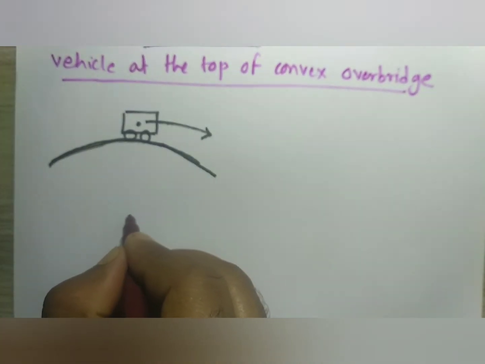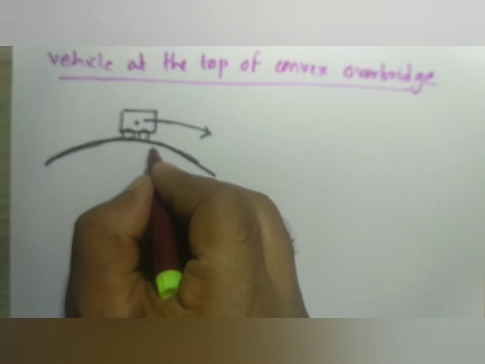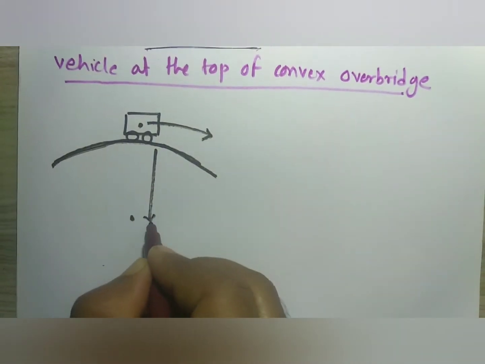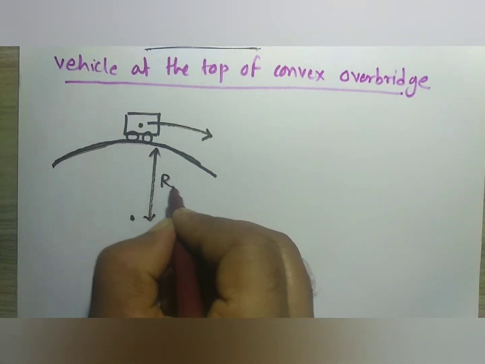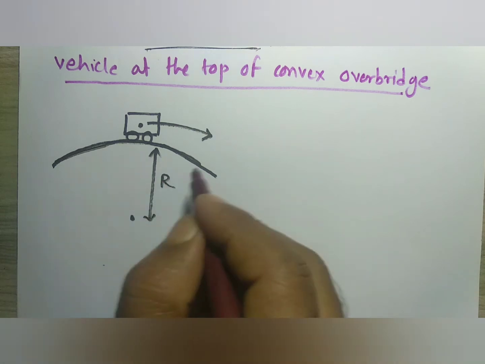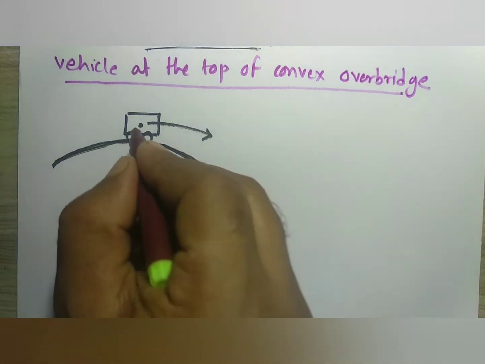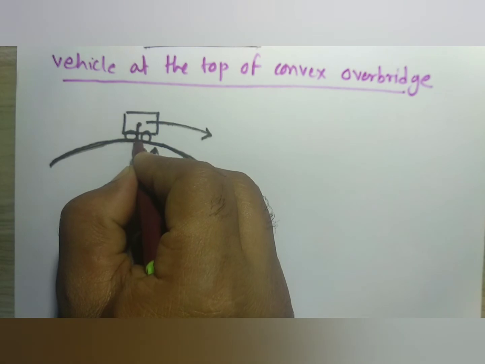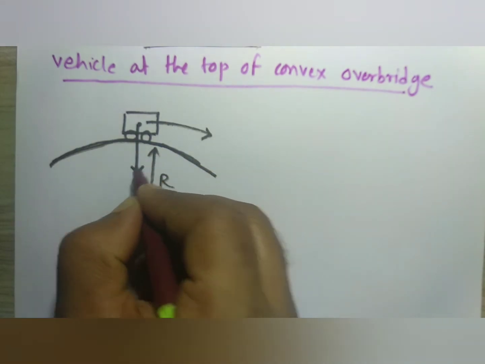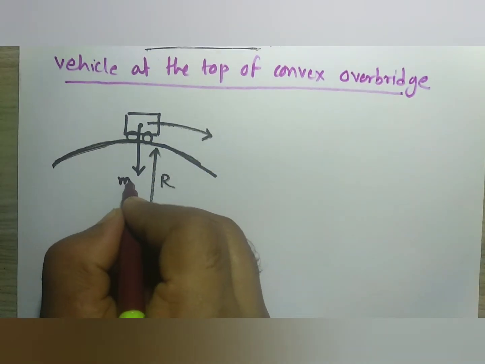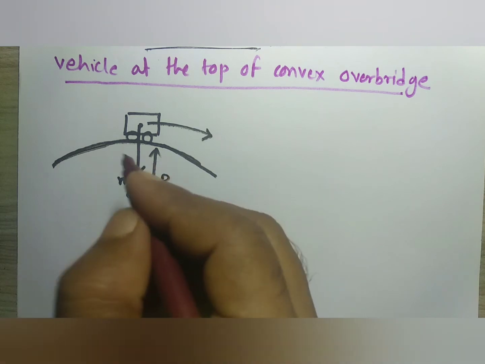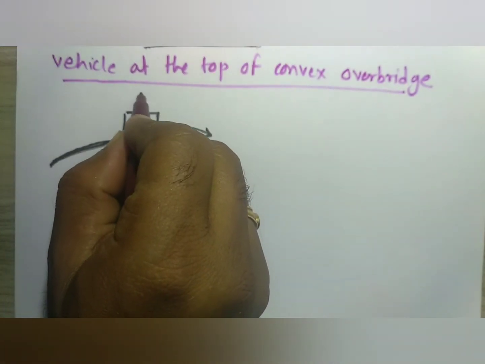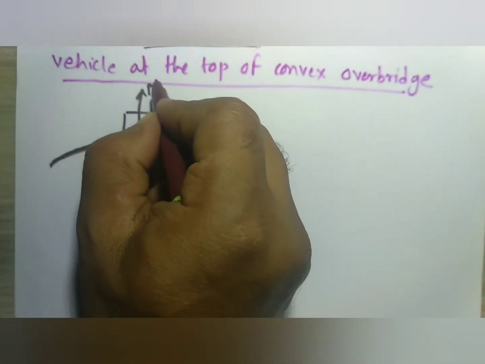Let us consider R to be the radius of that overbridge. We know that the weight of a vehicle or any object acts in the downward direction, and the normal reaction acts in the upward direction here.